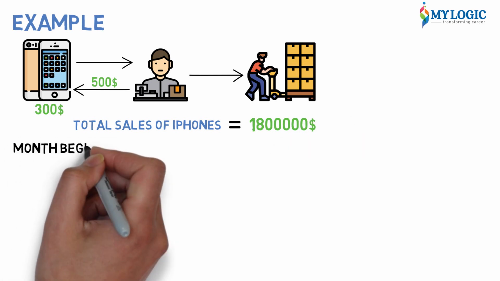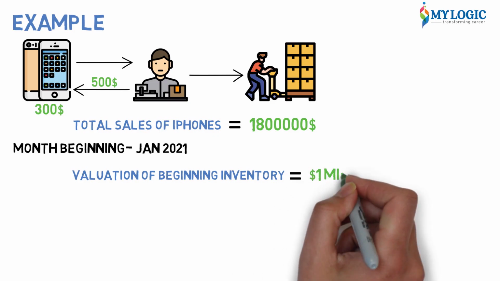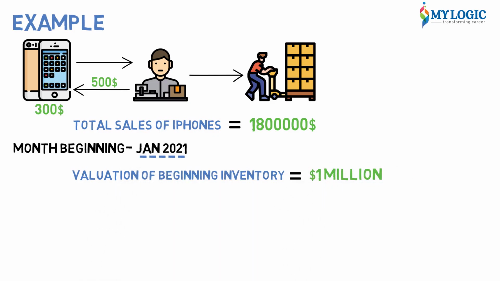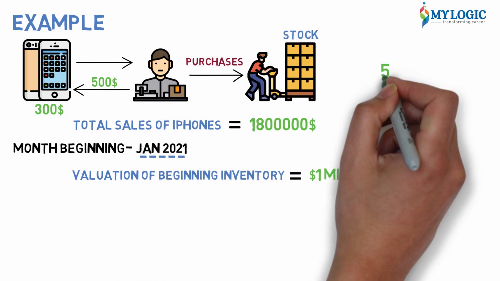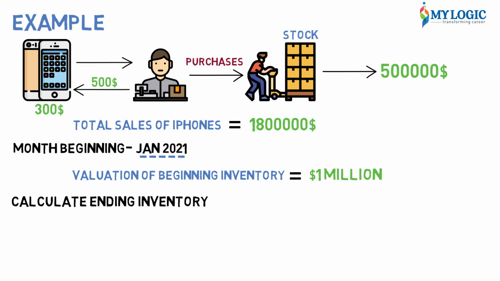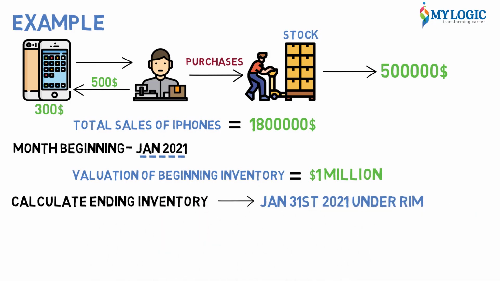At the beginning of January 2021, the valuation of beginning inventory is $1 million. During January 2021, the retailer purchases new stock from the wholesaler at $500,000. Calculate the ending inventory approximation value as of January 31st, 2021 under RIM.